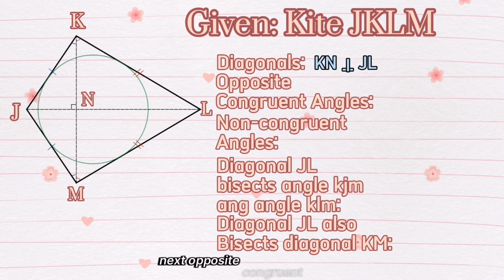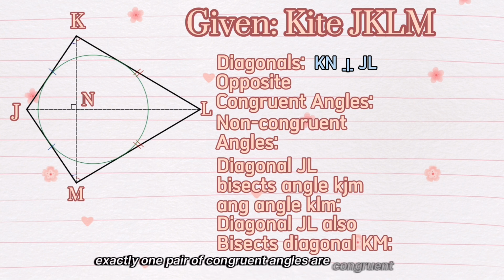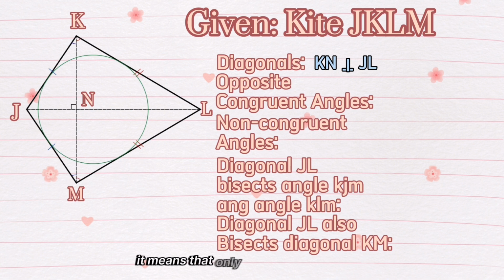Next, opposite congruent angles. Just like what you heard earlier, property number 2 of a kite, exactly one pair of opposite angles are congruent. It means that only one pair is congruent, and you can clearly see that angle K and angle M are congruent. So the opposite congruent angles are angle K and angle M.